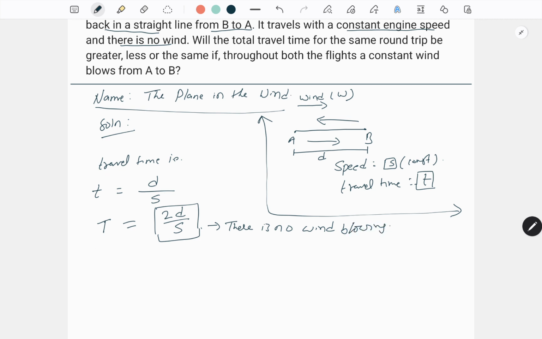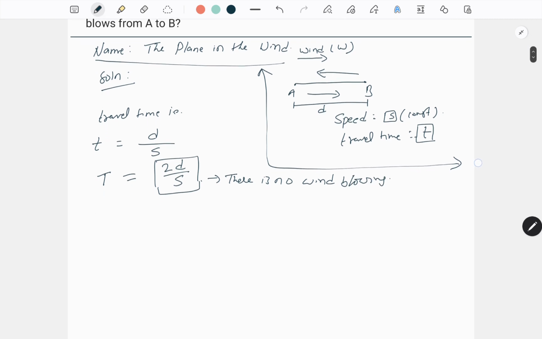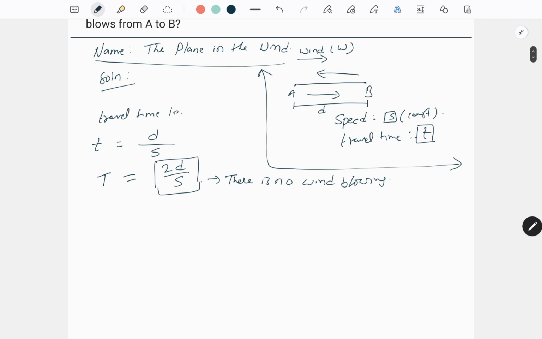Now we have a case with wind blowing from A to B with some speed, which we have assumed as W. So speed of wind is W and speed of flight is s. Going from A to B, what will be our time? We have distance d by speed. Now the total speed will change.